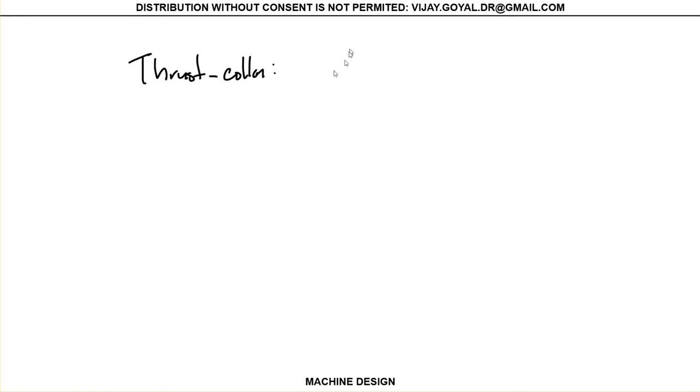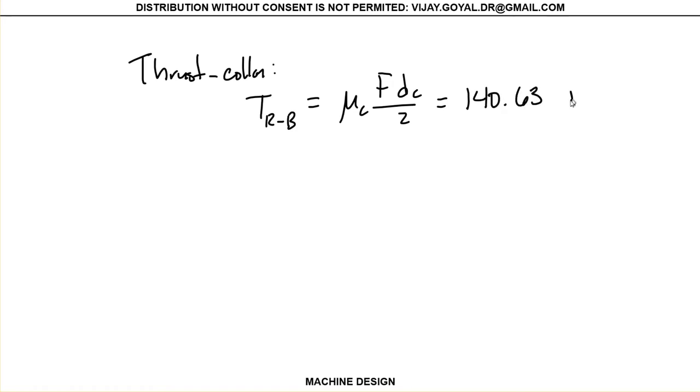Okay, now the thrust collar contribution will give me TRB will be mu C F dc divided by 2. That gives me 140.63 inch pounds.